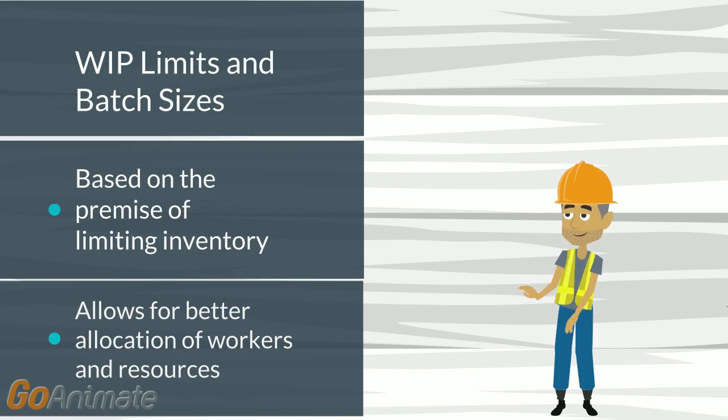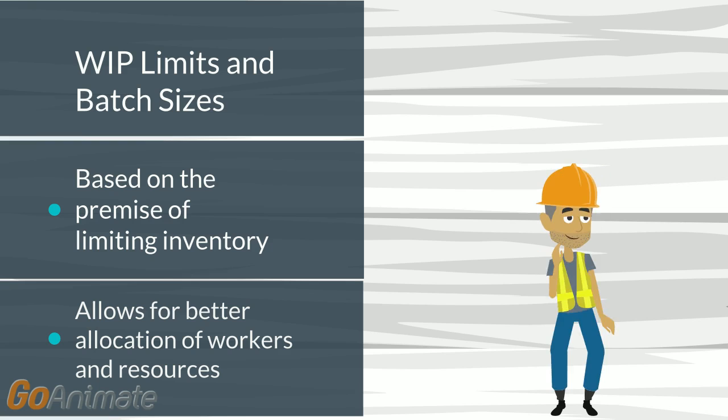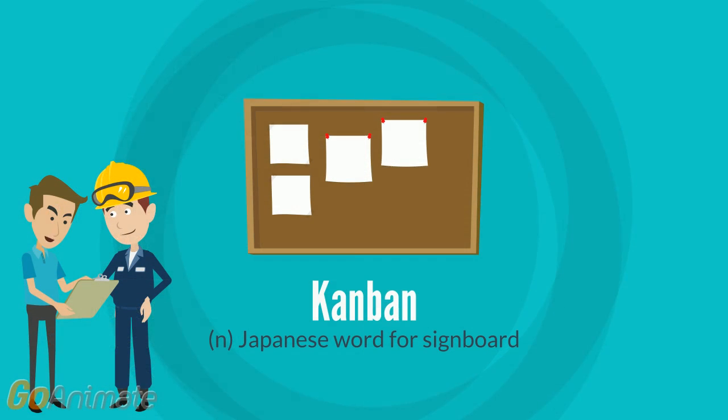The concept of setting work in progress limits and batch sizes is set on the premise of limiting inventory. This allows production systems to make sure that their workers and resources are properly allocated and sufficiently productive in their stations. The best way to create and track work in progress limits is through the use of Kanban, which comes from the Japanese word for signboard.